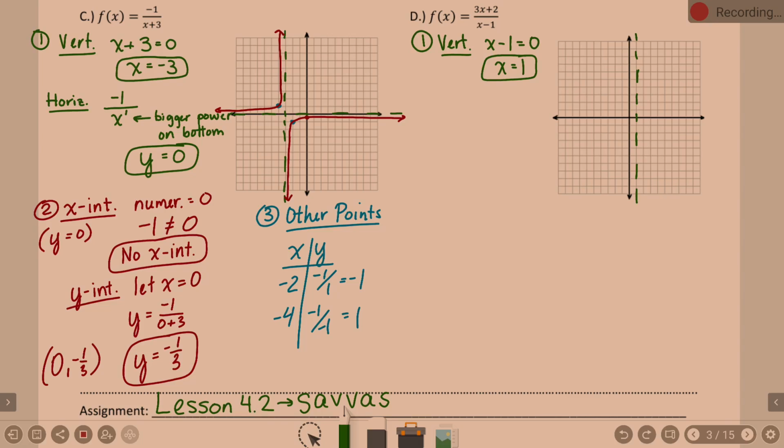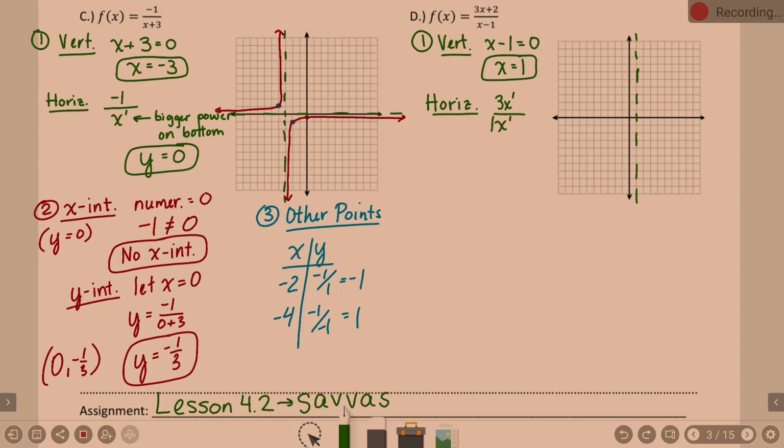After your vertical asymptote, you're finding your horizontal asymptote. Biggest powers. Biggest power on top: 3x to the first. Biggest power on bottom: 1x to the first. Powers match.